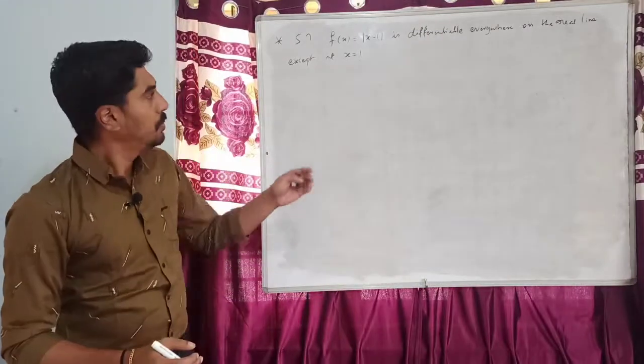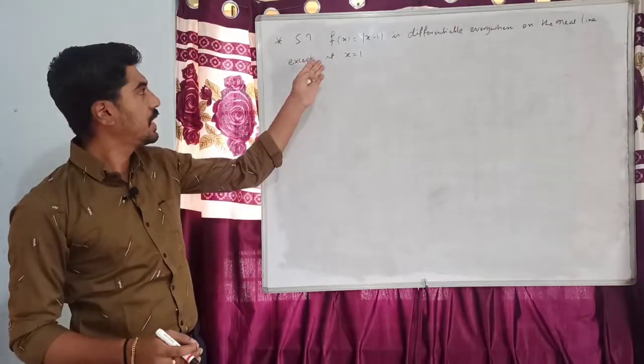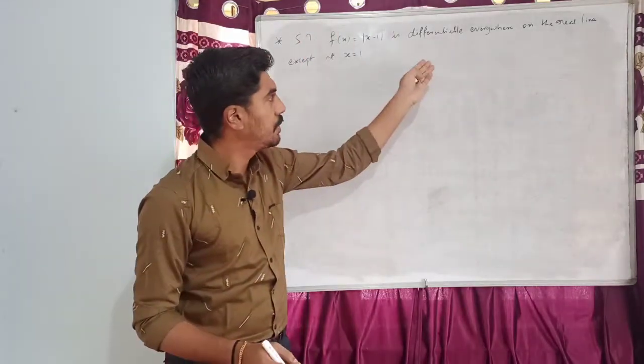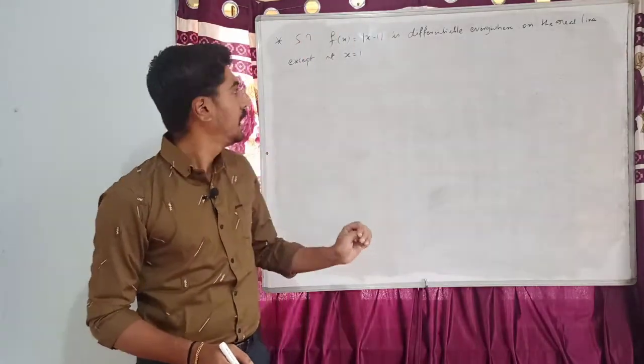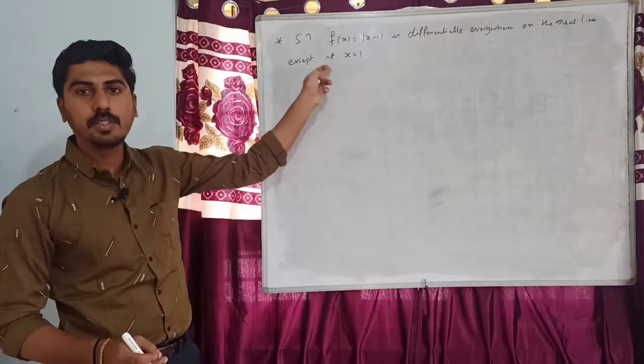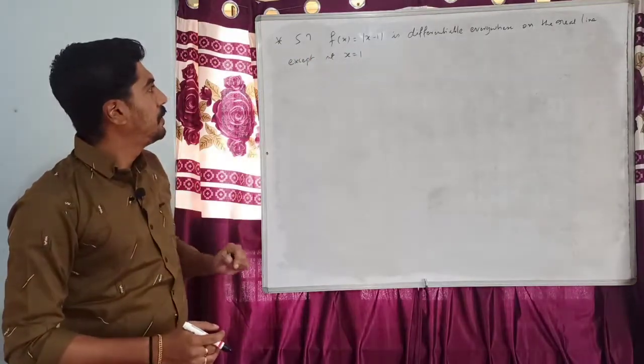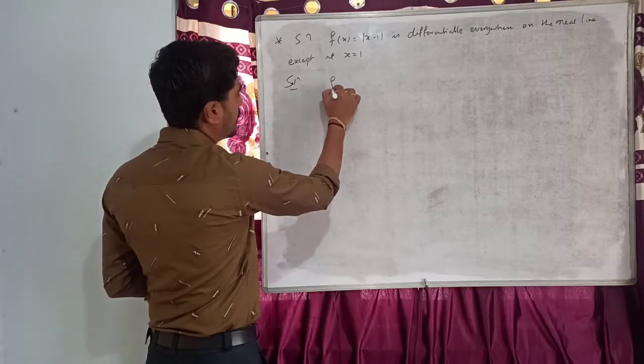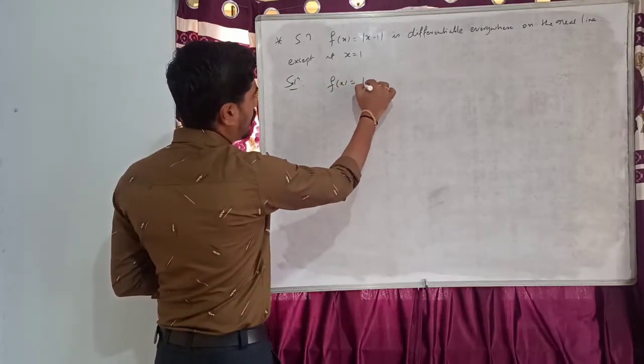Consider the next problem. Show that the function f of x defined by mod of x minus 1 is differentiable everywhere on the real line except at the point x equal to 1. First, consider f of x equal to mod x minus 1.